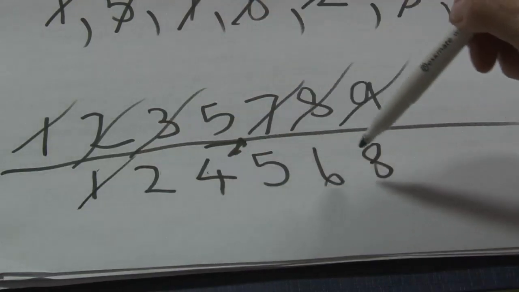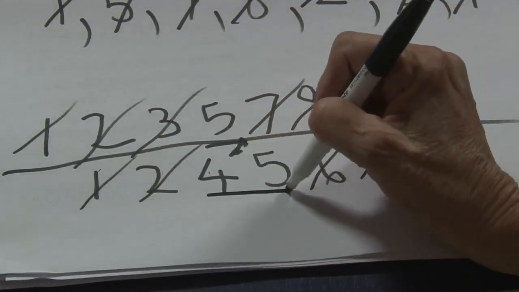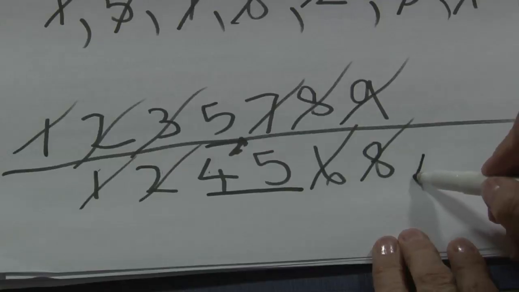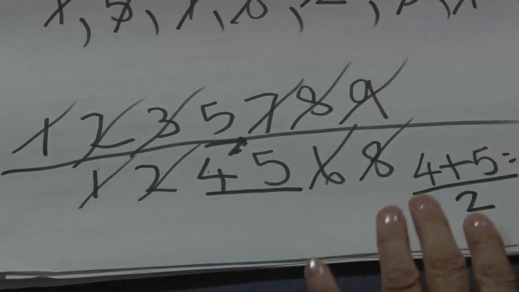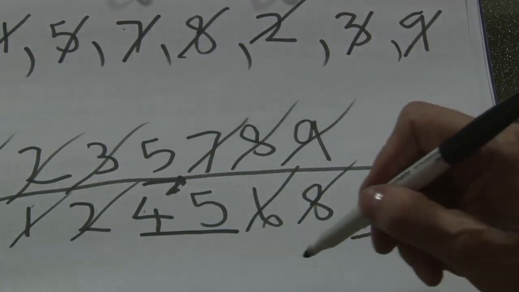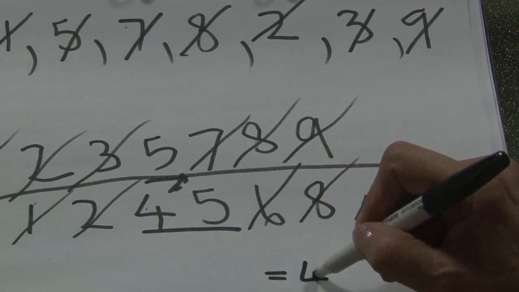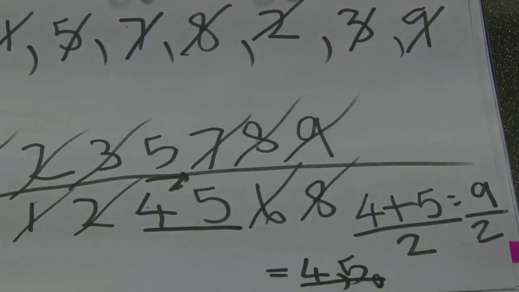To find the median now, also cancel, cancel, cancel. Now you have 2 in the middle. What you do, you add the 2 in the middle. You see it's 9, and divide it by 2. So the answer will be 4,5. That's the median.